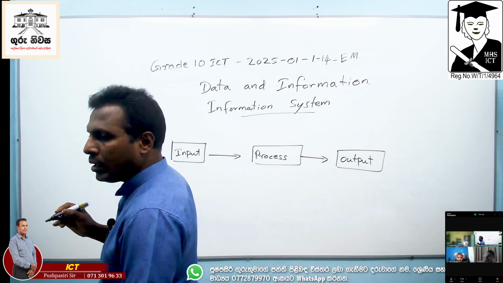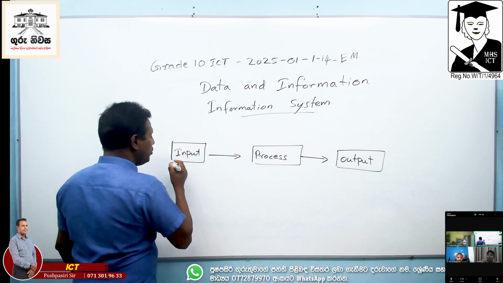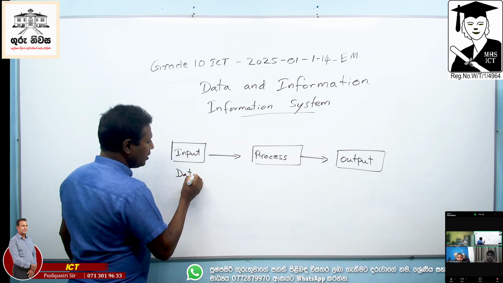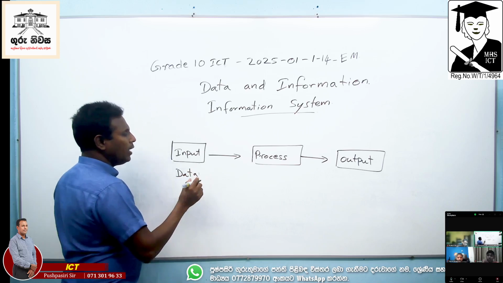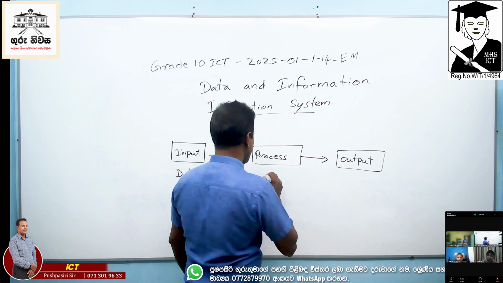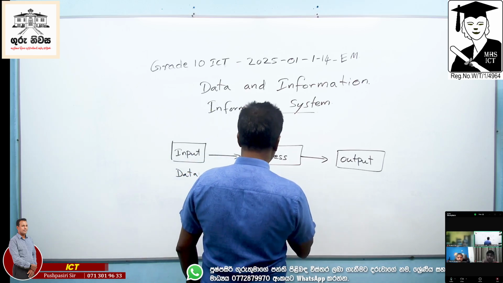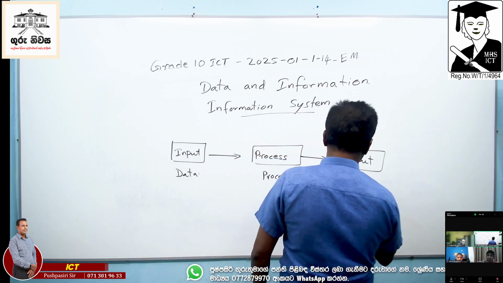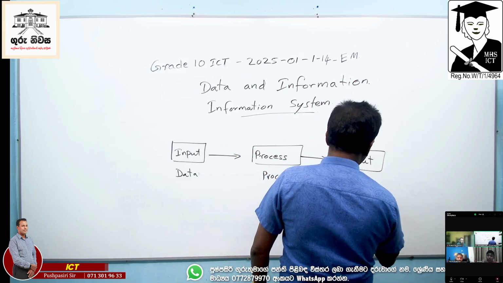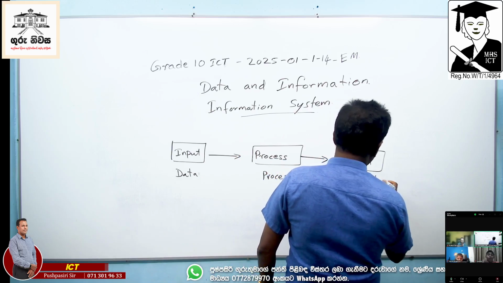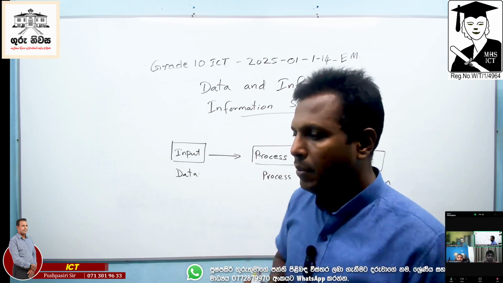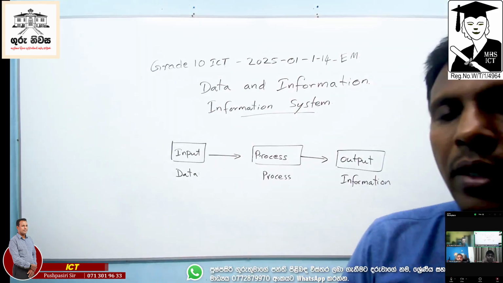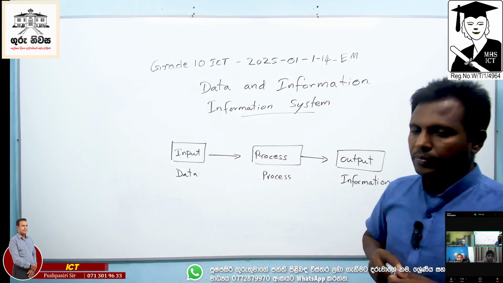Okay, so what we do, we input data, and then it processes it, then we get the information. That is the main function of the information system.